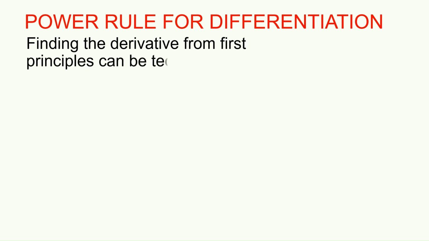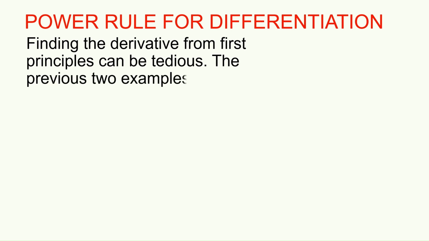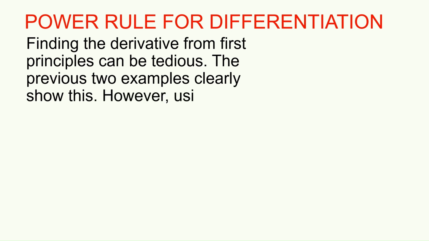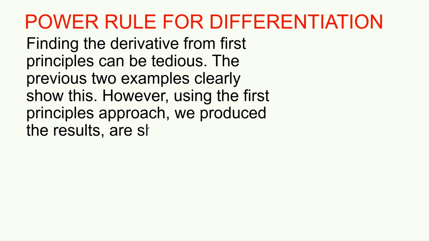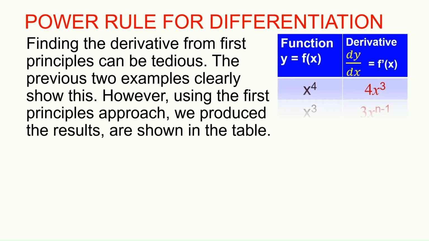Power rule for differentiation. Finding the derivative from first principles can be tedious. The previous two examples clearly show this. However, using the first principles approach, we produced the results shown in the table.